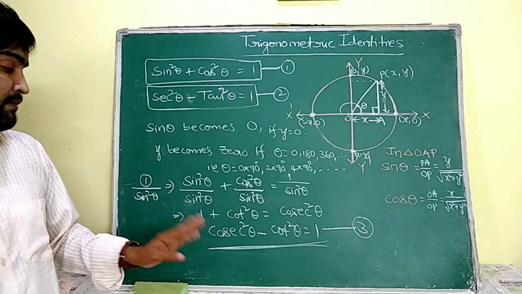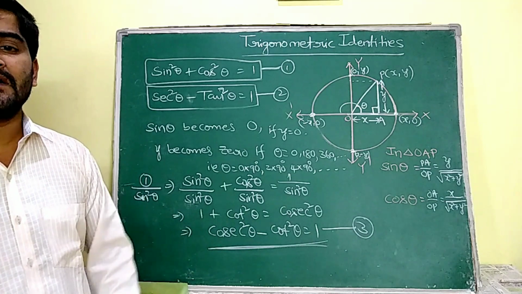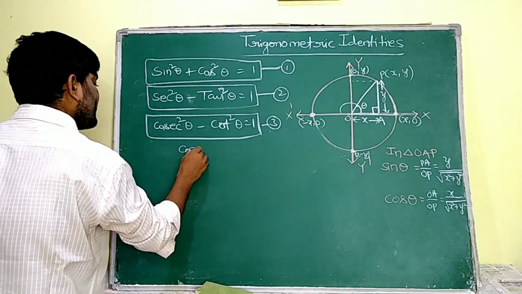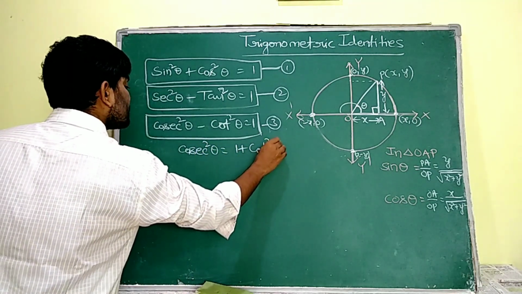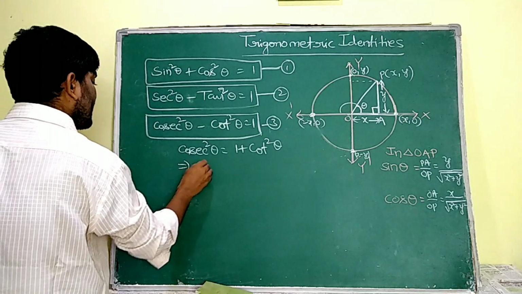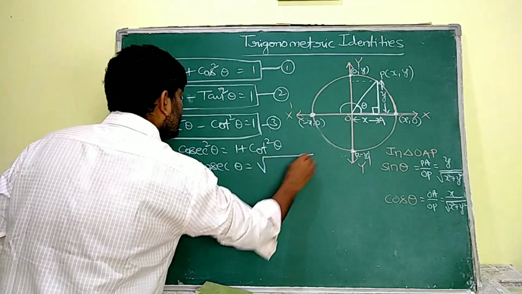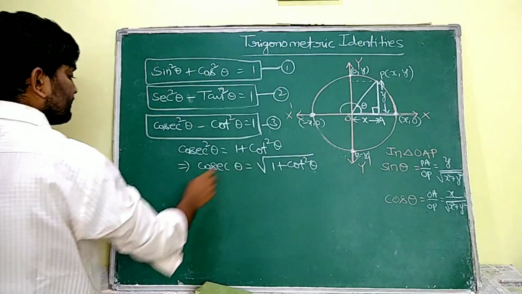Okay? Now I am going to find the relations between cosecant and cot from the identity 3. From this identity 3, cosecant square theta is equal to 1 plus cot square theta. By this I am going to write cosecant theta is equal to root over 1 plus cot square theta. I may write plus or minus also.